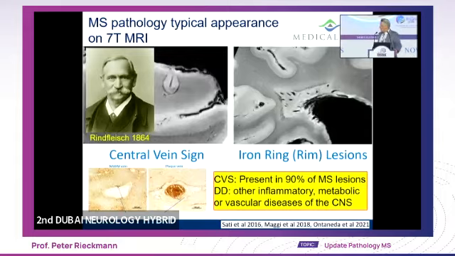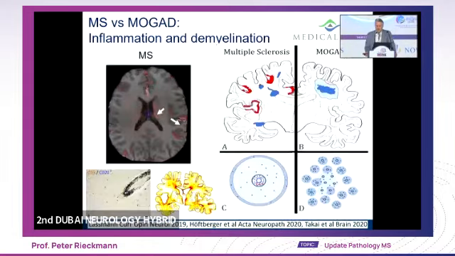I will focus the first part of my talk on this central vein sign. If you look at the accumulation here, with an overlaying disposition of the periventricular veins, these are the hallmark where the disease starts.